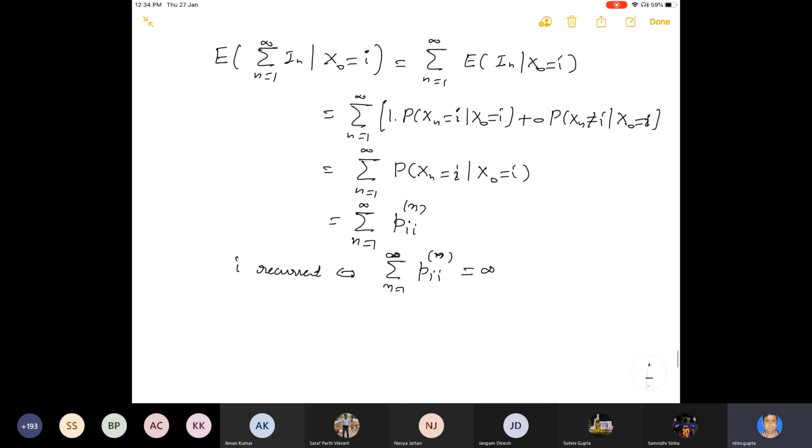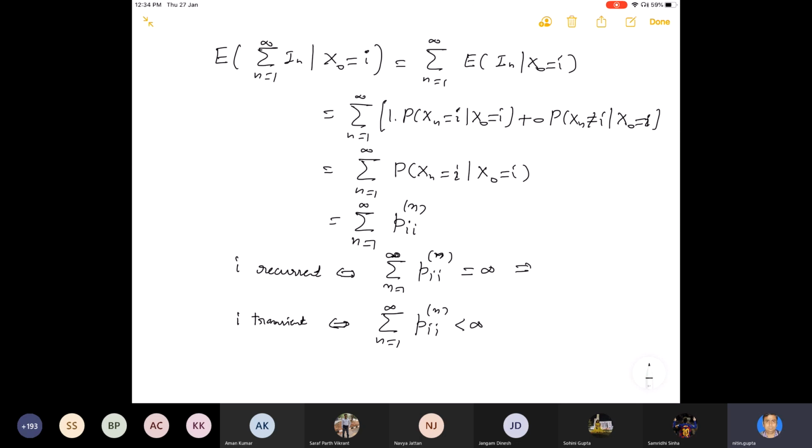And if I is transient, return to state I is uncertain, which means the expected number of time periods the process is in state I starting from state I converges. So that is also an equivalent definition.